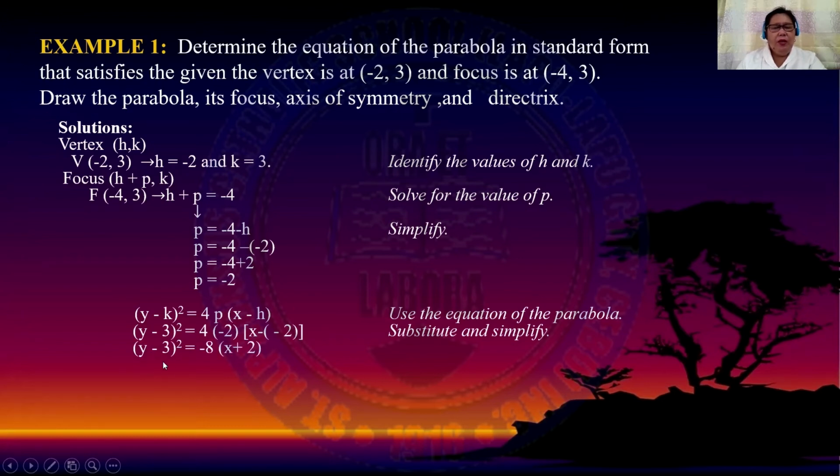So the square of y minus 3 is equal to 4 times -2, which is -8. Simplify this part so you have x plus 2. So what we have is the square of (y minus 3) equals -8 times the quantity (x plus 2) as the equation of the parabola in standard form.